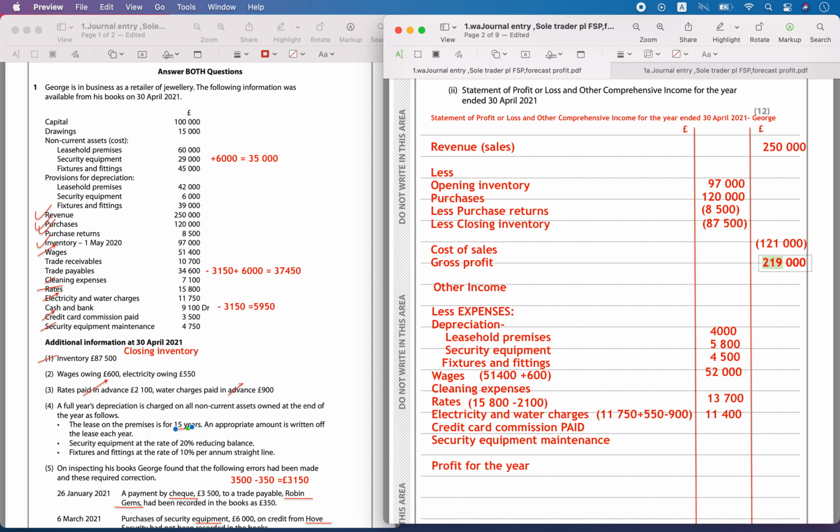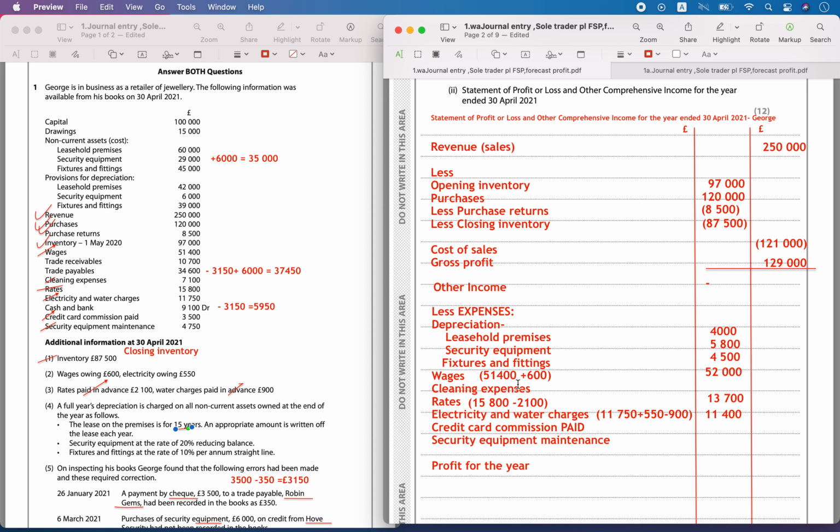Now let's write here. We did not see any other income. Usually you should also check if there is any other income in the business; if it is not there, just write nothing. Then you have the expenses. First, we had calculated all the depreciation expenses, then the wages which I have adjusted, then the cleaning expenses, which were around 7,100.